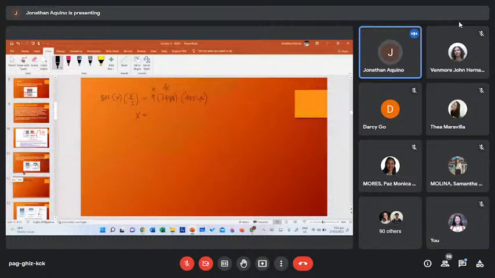Can you solve for the value of x? Anybody?